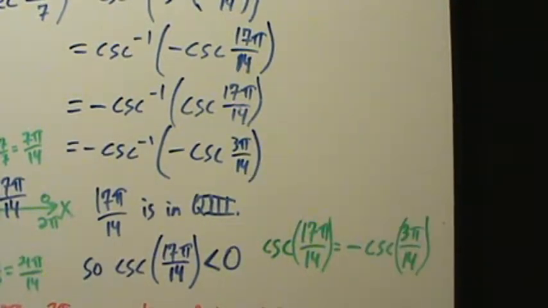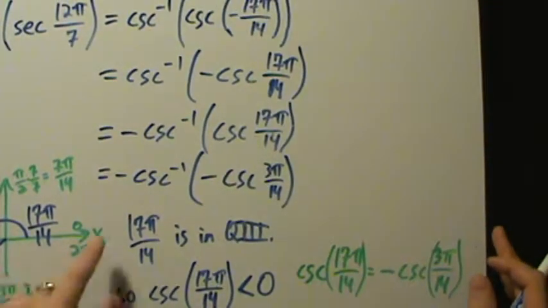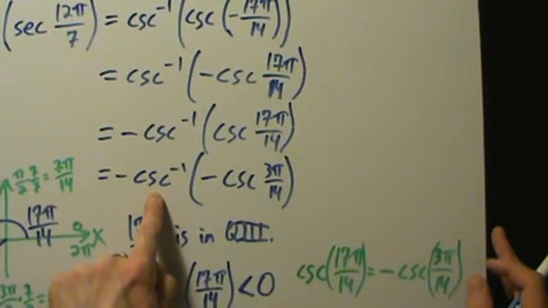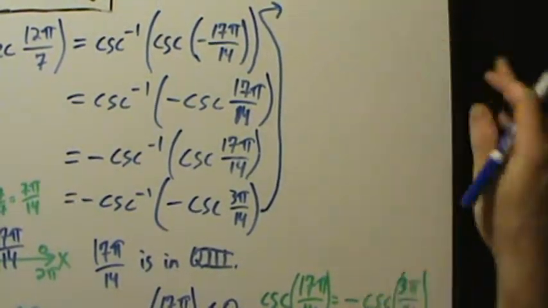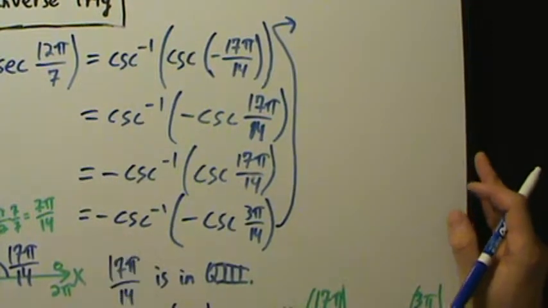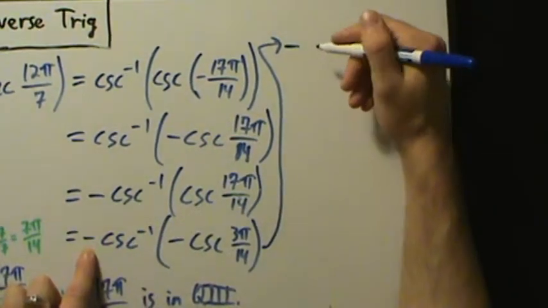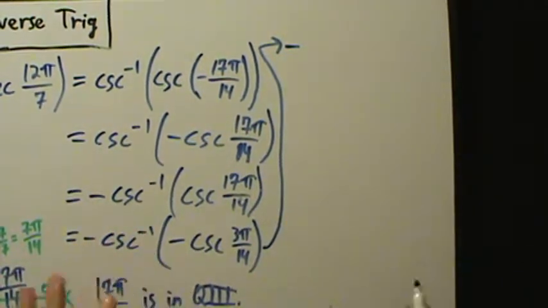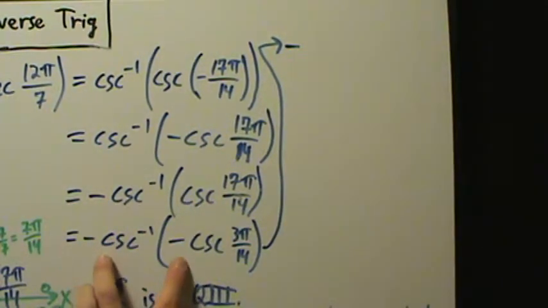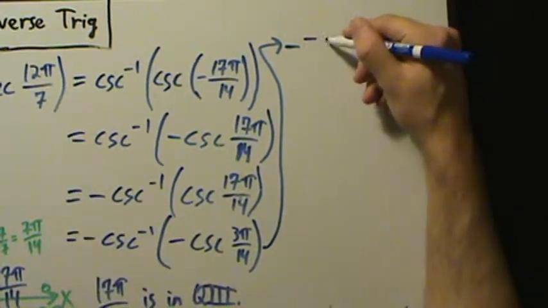So right now we have negative inverse cosecant of negative cosecant of 3 pi over 14. So let's again use the fact that inverse cosecant is odd. We still have this minus sign out here. Well, sorry, we're not really pulling a minus sign out, but if we use the fact that inverse cosecant is odd, then what we could do is write it like this.